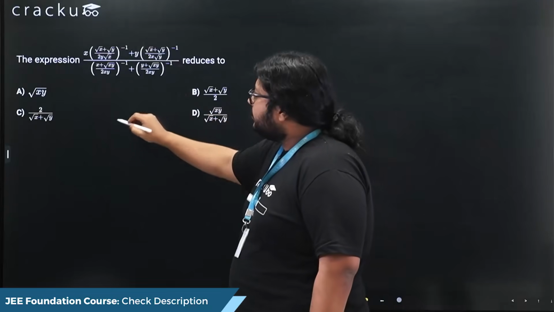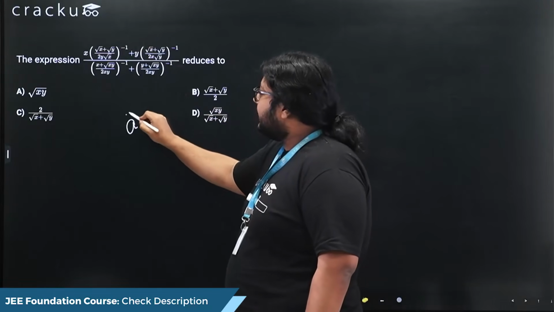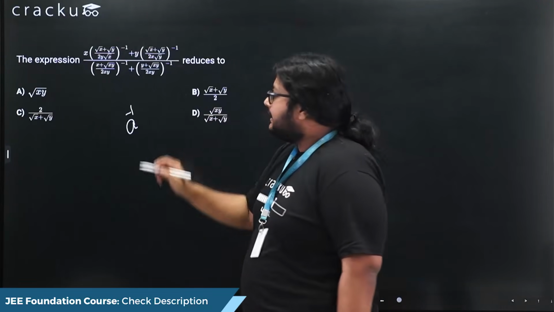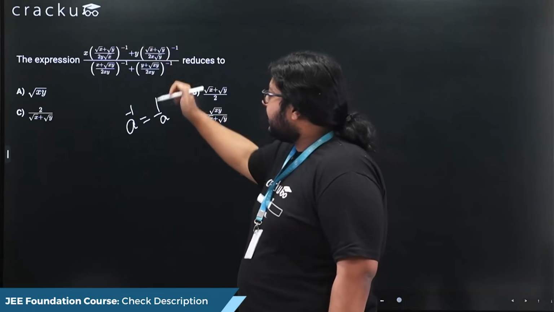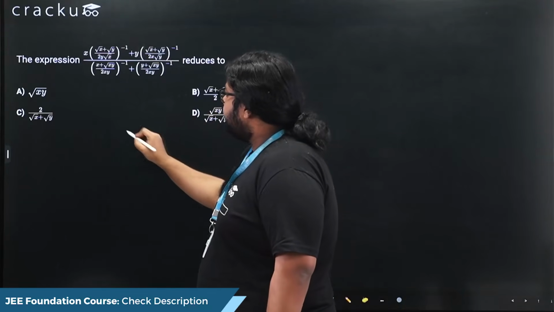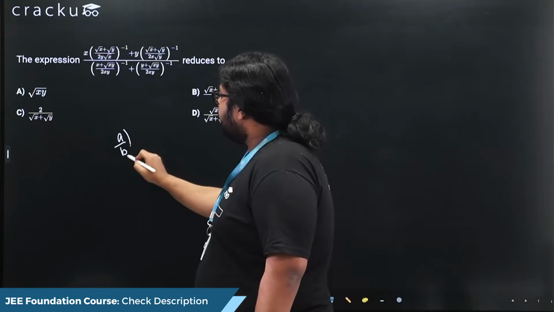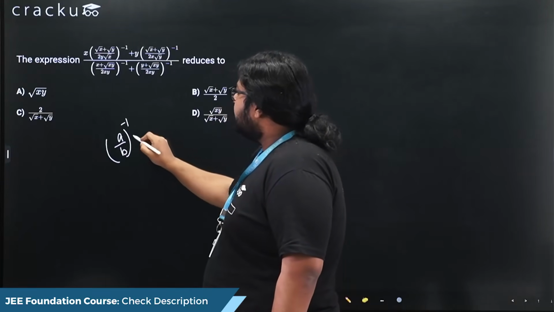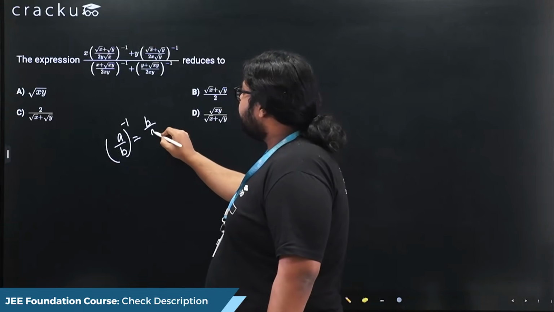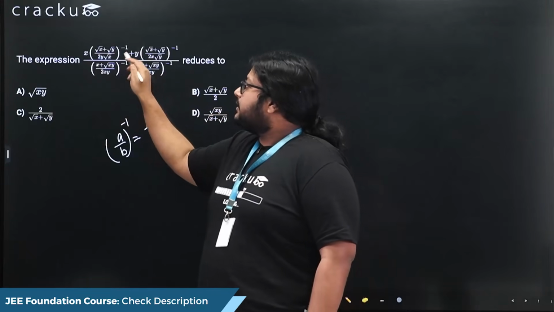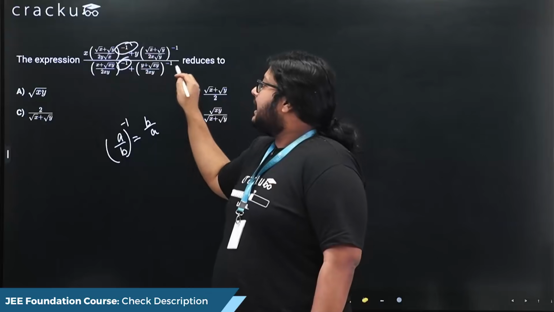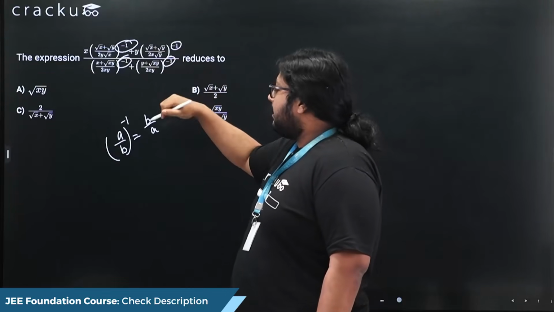Now, one thing we know, if there is a number a to the power minus 1, then that reduces to 1 by a. So if I have something like a by b whole thing to the power minus 1, that is essentially b by a, a rule of exponents. We can apply that here because if you notice, all of these have minus 1s in the power.